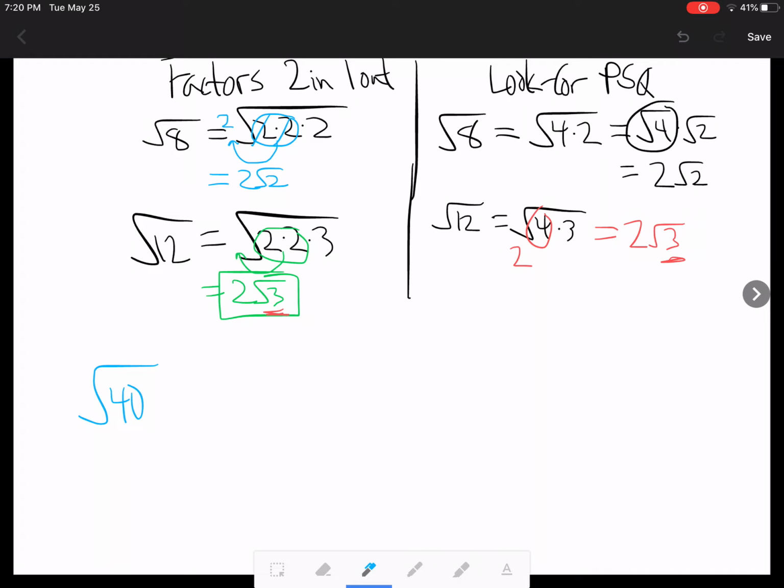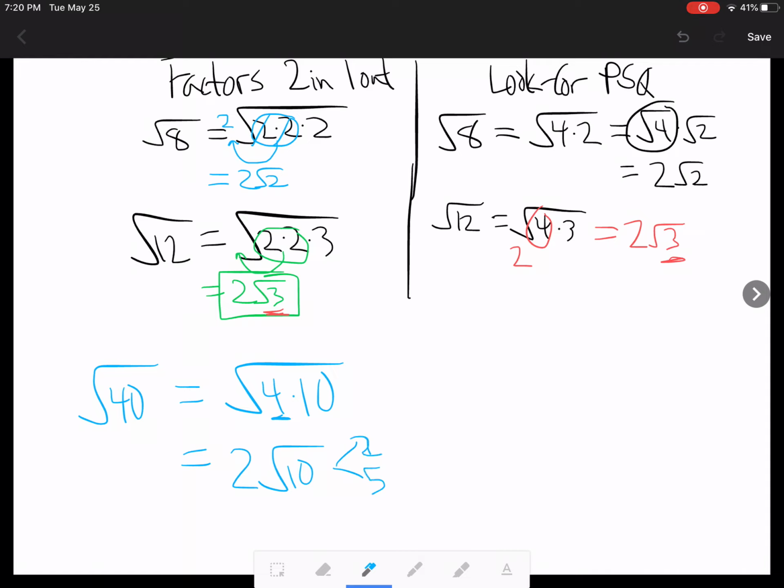All right. In my mind, I'm going to think of square root of 40 as 4 times 10. Now, 4 is a perfect square. So that's going to make this 2 root 10. Now, 10's a bigger number. We can break it down, but here's the catch. When we break down 10, we get 2 and 5.